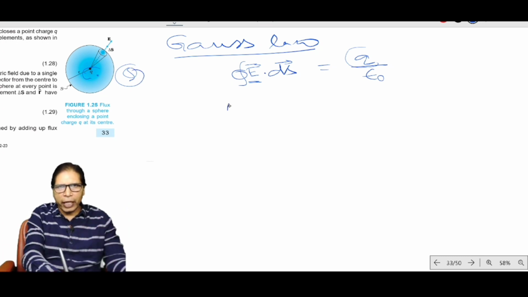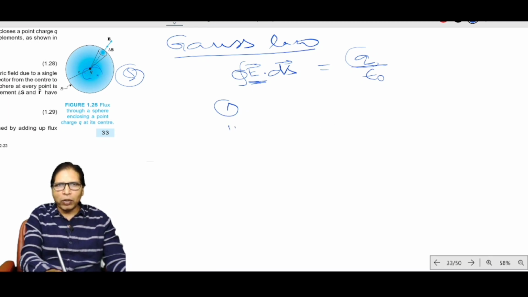Now some common facts about Gauss law. First, the q on the right hand side is only the charge enclosed by the Gaussian surface, but the electric field on the left hand side is due to both the charge inside and outside.